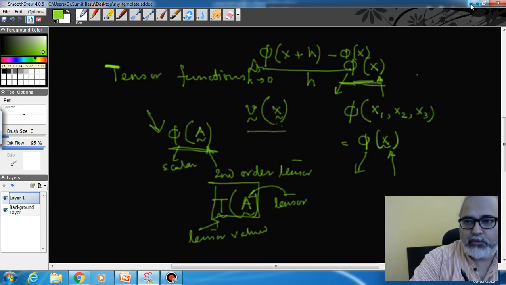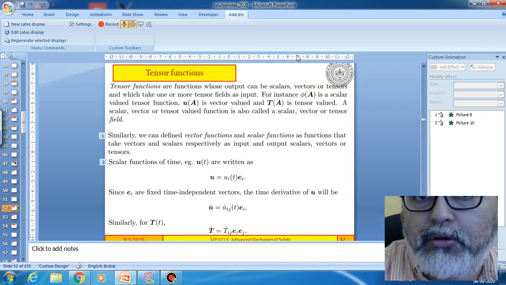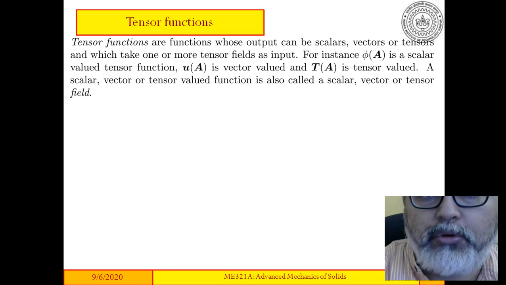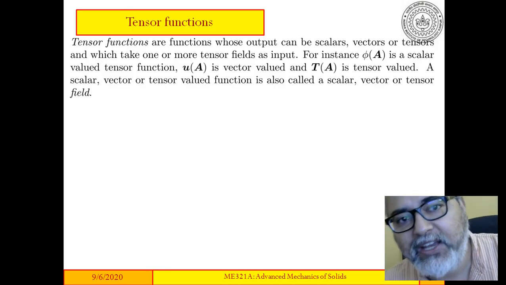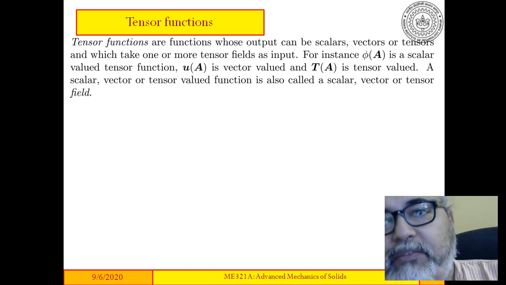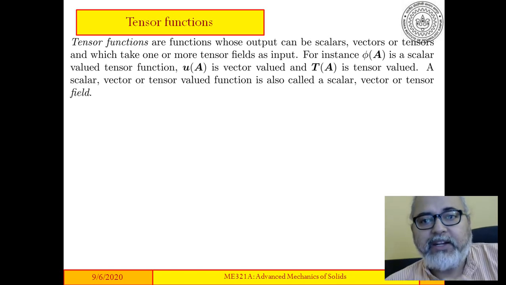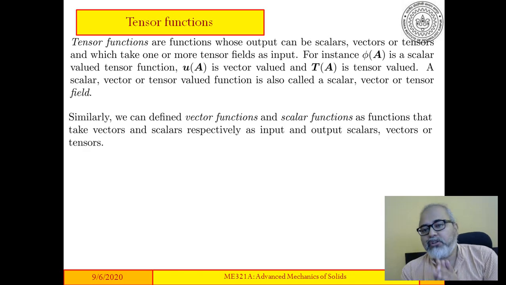So let me go back to my notes. Okay, so this is what I talked about, that there can be various kinds of functions that we can now think of. We can have vector valued functions, scalar valued functions, and tensor valued functions, which in themselves are also functions of a scalar, a vector, or a tensor, or a mixture of them.